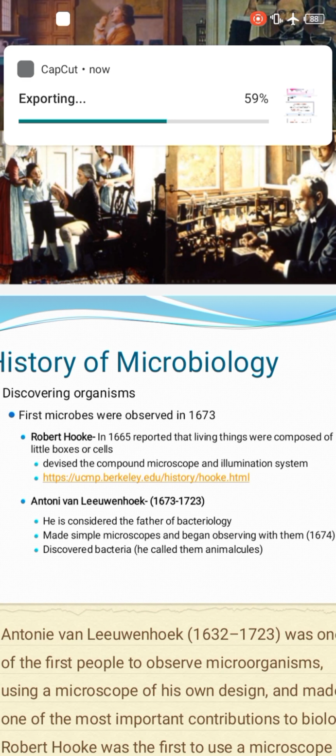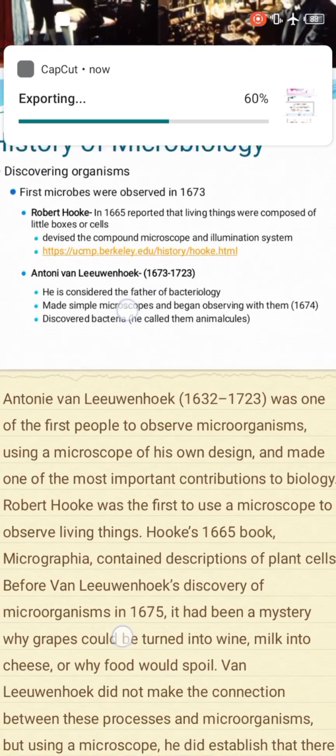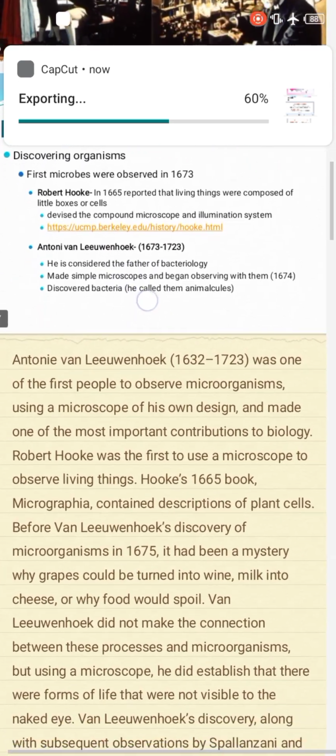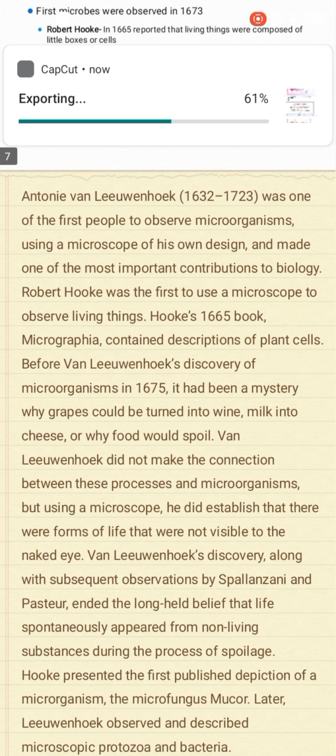In 1674, he discovered bacteria, which he called animalcules. He was one of the first people to observe microorganisms using a microscope of his own design and made one of the most important contributions to biology. And this book is Hooke's 1665 book, which is known as Micrographia.